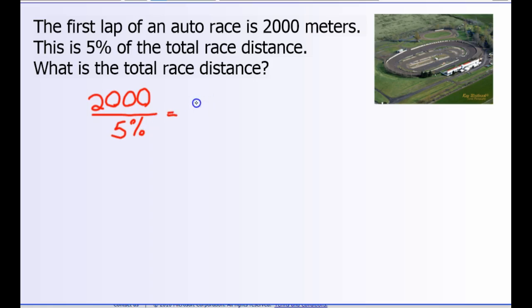What we're looking for is how many total there is. So we don't know that, but we do know that 100% is the total. So the total race is 100% of the meters. So what we've got to do is cross multiply.